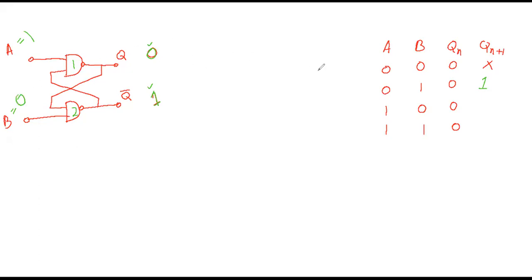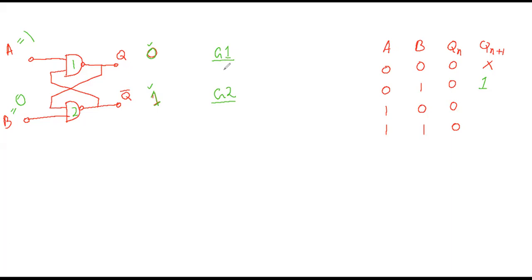So now you check for me the third case. For the third case, I will write gate 1 here. You tell me what are the inputs. This is gate 2. You tell me what are the inputs. Okay. For gate 1, what are the inputs?